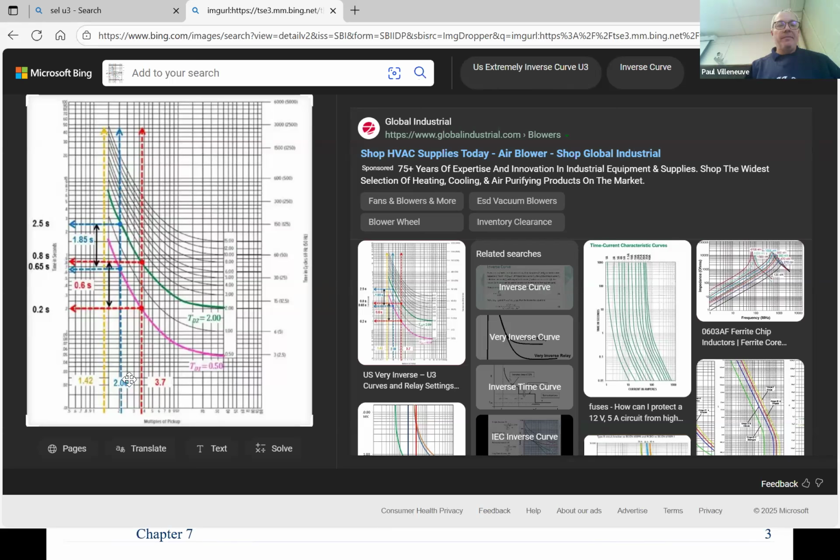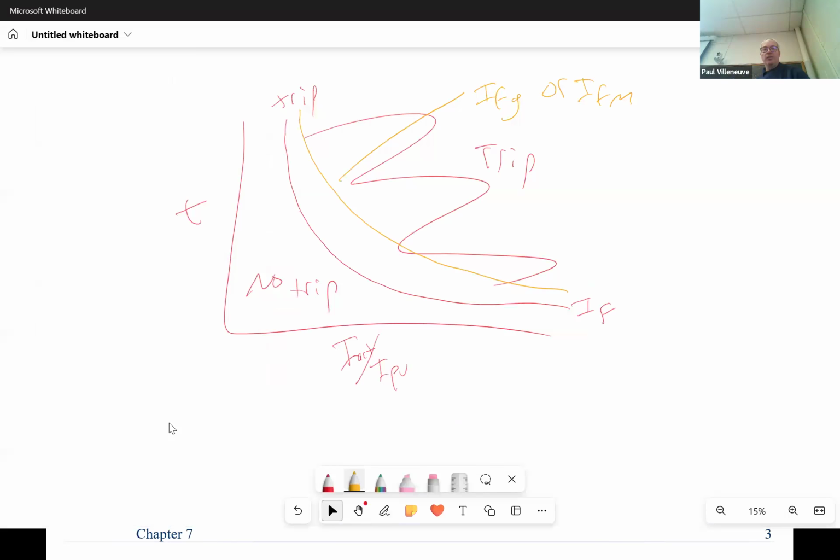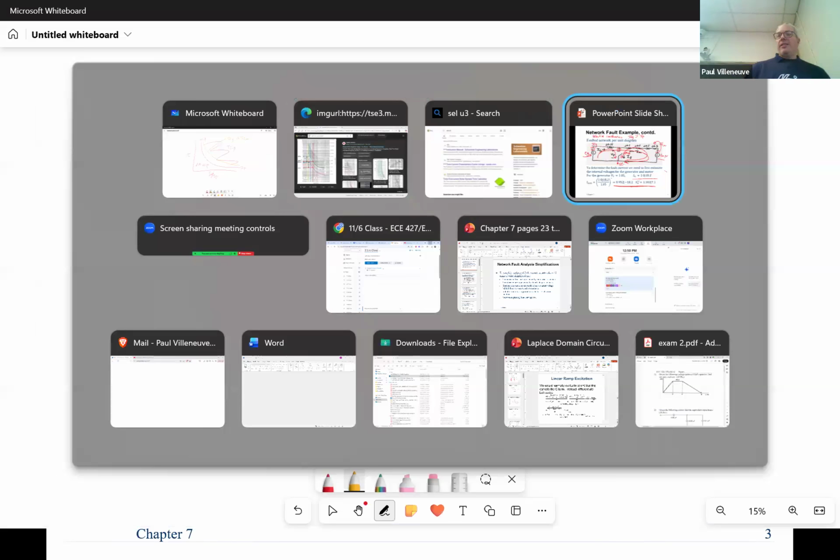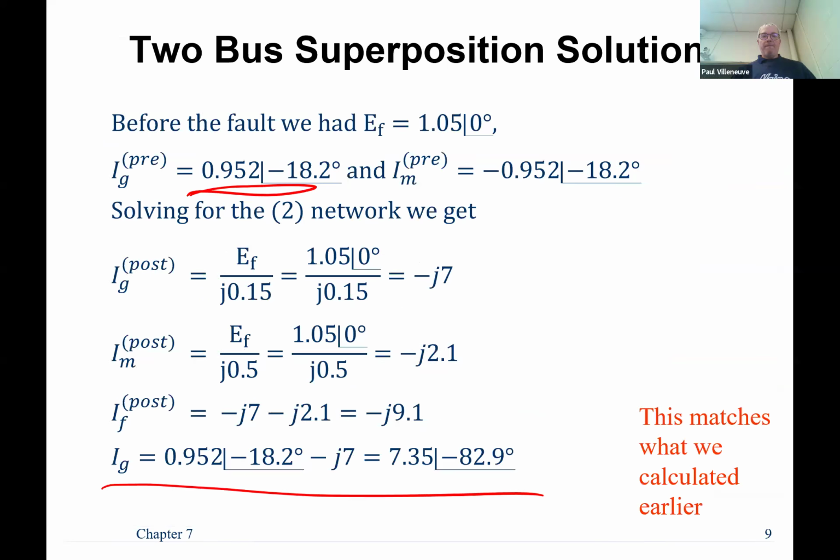And this is multiples of pickup, a unitless quantity, in per unit. In Schweitzer relays, you divide your actual secondary current, in amps, by your secondary setting, and that's how you trip. So that's why it's really useful to know those values. Super, super helpful to know that.